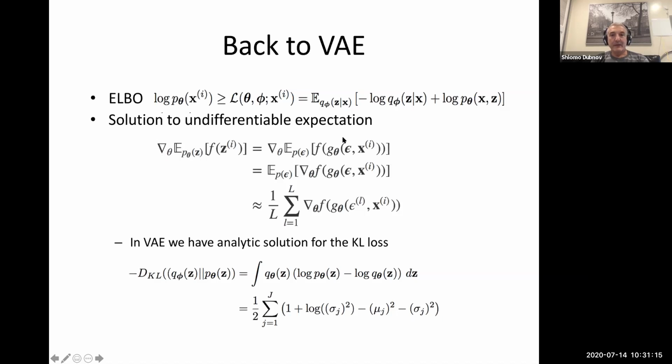You can think about us trying to do an expectation over some function, but z is now random parameters. So this is an integral here: we have the derivative and we have an integral of f(z)p(z).